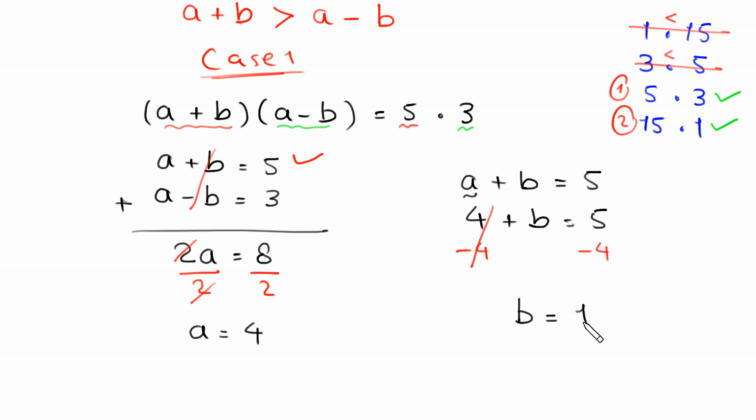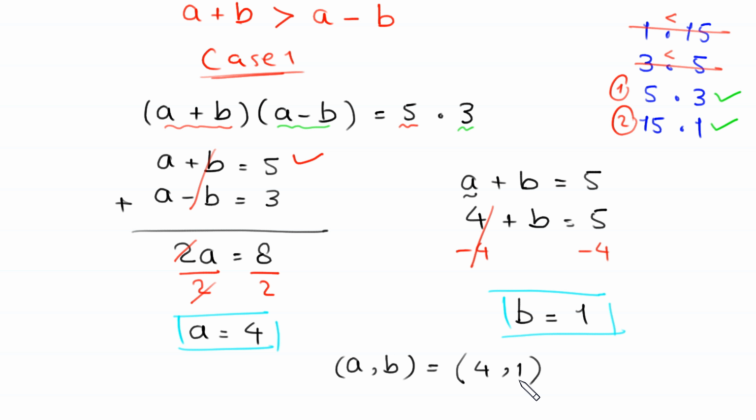So from this case we get the value of a 4, value of b 1. So from here we get a first pair of solutions, a comma b is equal to 4 comma 1.